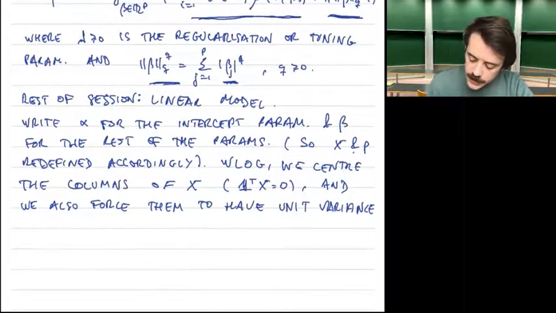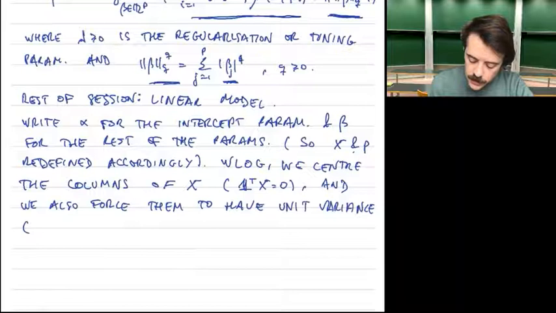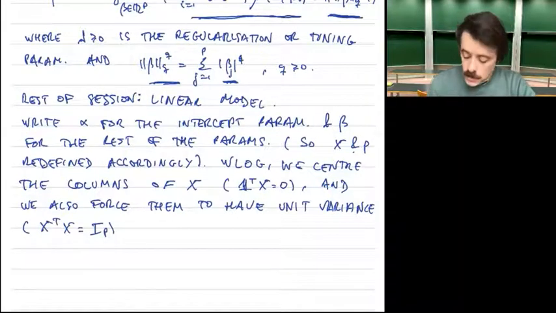This mathematically can simply be written as follows: we're assuming that the transpose of capital X times X is equal to the identity, in this case a P by P identity.